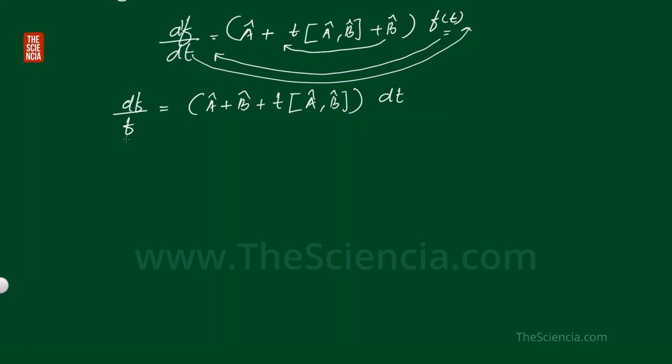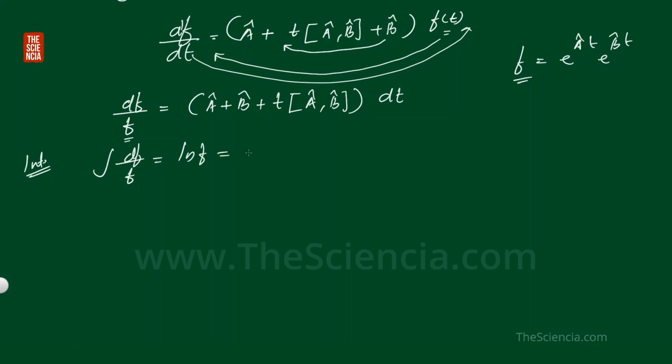Okay. Now what we have to find out? We have to find out the function f. That is, function f is defined as e raised to At, e raised to Bt. So this is what we have to evaluate. To find out the f from this equation, we have to take integration. On integrating this function df by f, we will get log f.